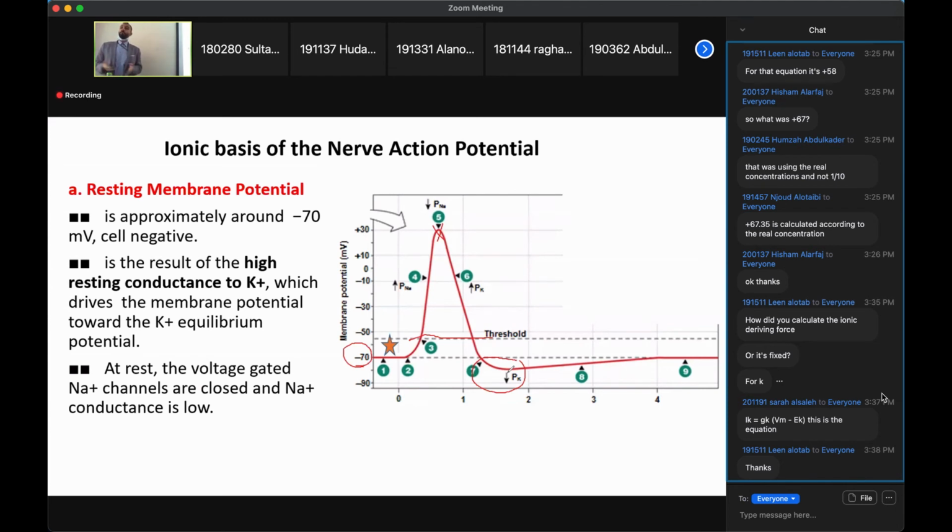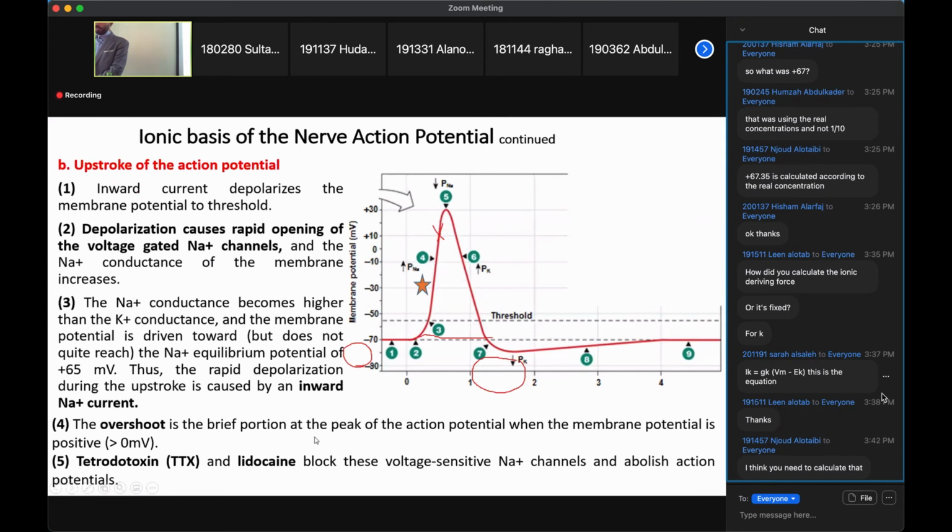It depends on the concentration of potassium. The equilibrium potential for potassium is definitely not going to be equal to the resting membrane potential. It's always more negative than the resting membrane potential. Okay. Any more questions?